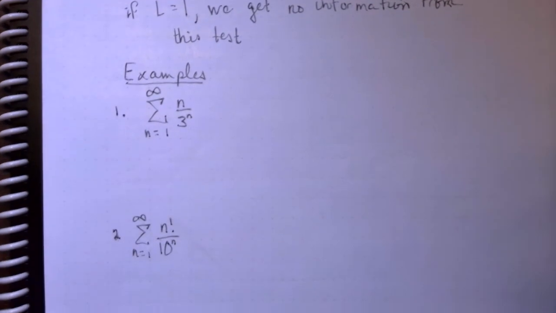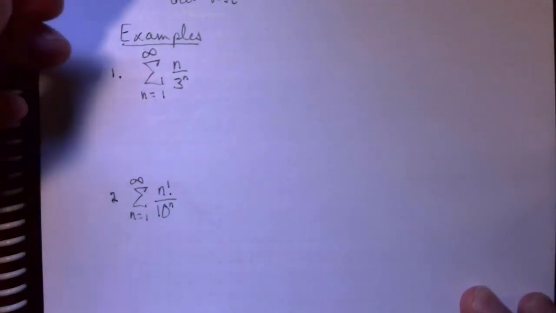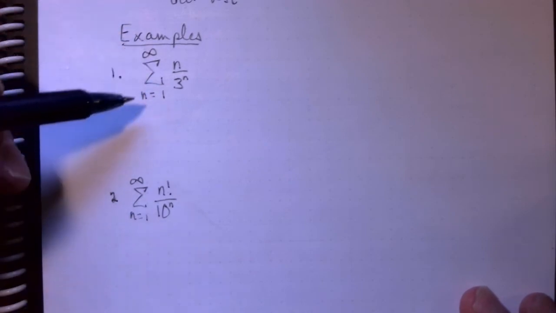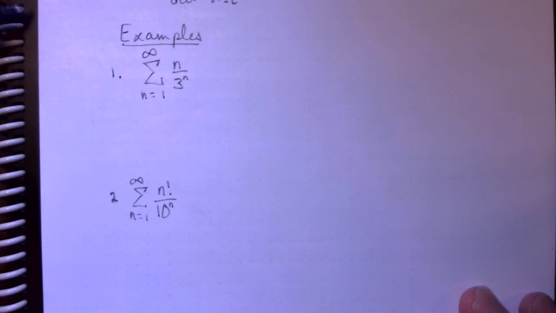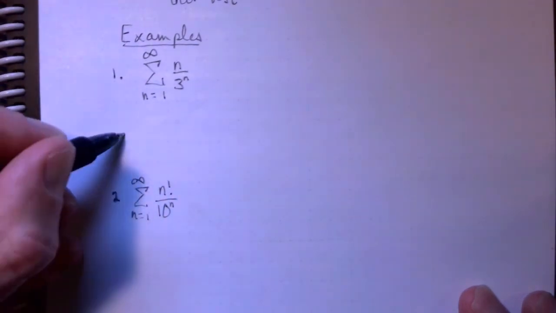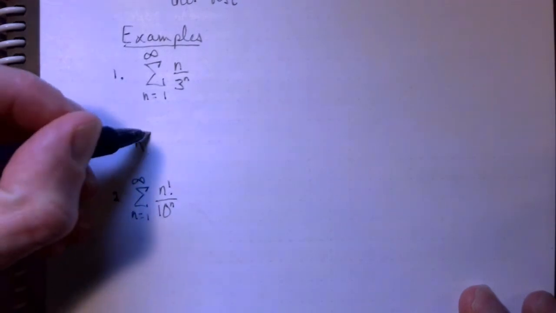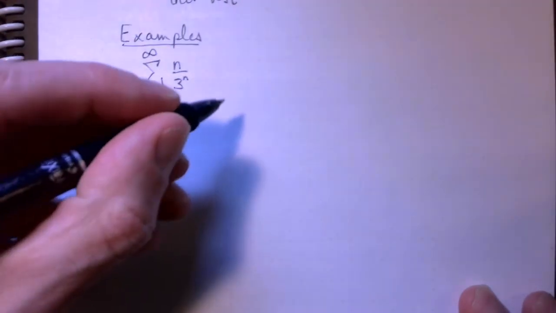So I've got a couple that I want to look at right here. Okay, so let's look at this first series, n equals 1 to infinity of n over 3 to the n. All right, so in this case, a sub n is equal to n over 3 to the n. Okay, easy enough.